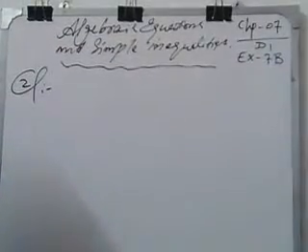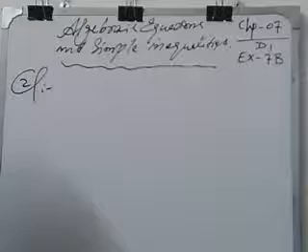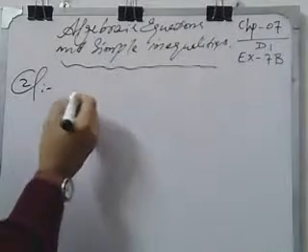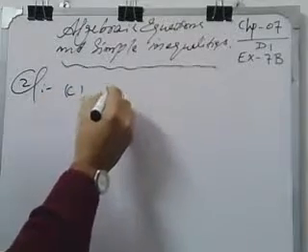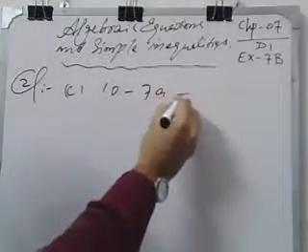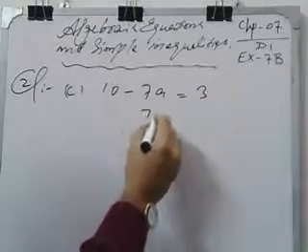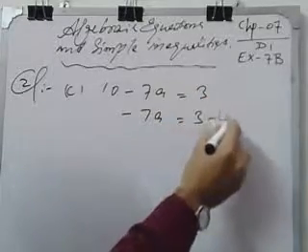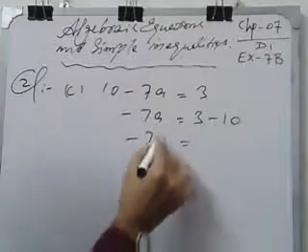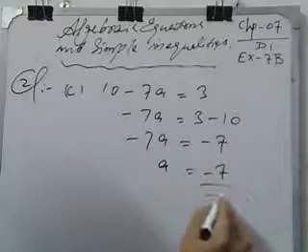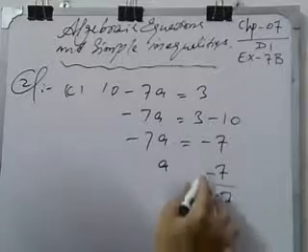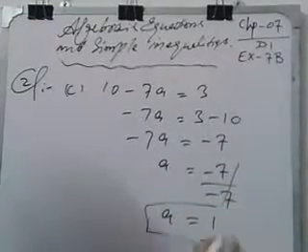Now coming to next part. These parts are also very much simple, no confusion you can find here, but we have to solve here for you to understand better. That is 7a is equal to 3 minus 10, so minus 7, the value of a is divided by minus 7, and minus minus will be cancelled, so you will get 1.